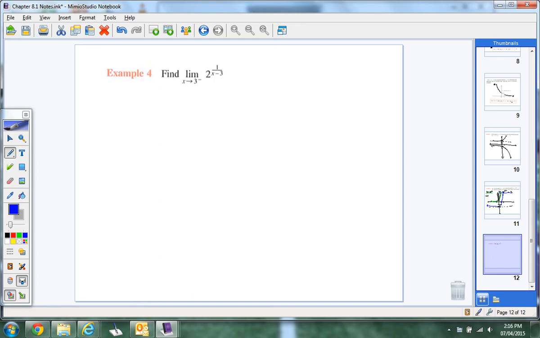So let's try 2 to the 1 over 2.9 minus 3. Can somebody put that in their calculator and tell me what they get? It's going to give you a quick indicator of what it's approaching. Make sure you put brackets. Yeah, this is a power. Sorry, that's horrible.